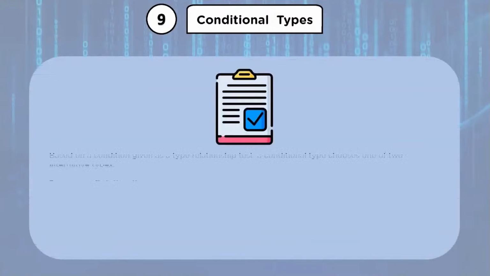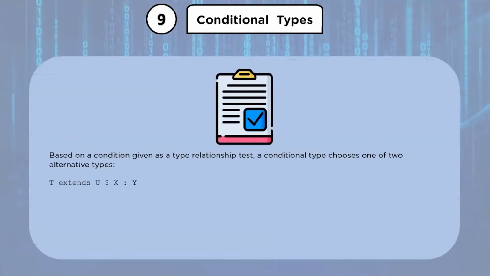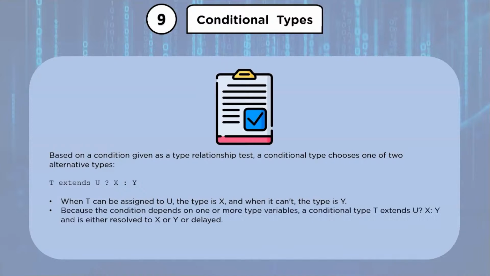Next we have conditional types. Based on a condition given as a type relationship test, a conditional type chooses one of two alternative types. When T can be assigned to U, the type is X, and when it can't, the type is Y. Because the condition depends on one or more type variables, a conditional type T extends U ? X : Y is either resolved to X or Y, or deferred.